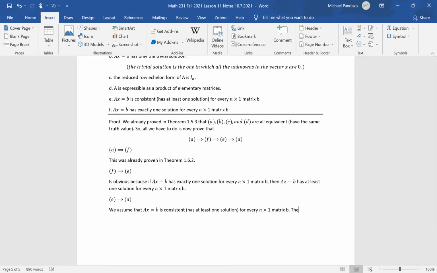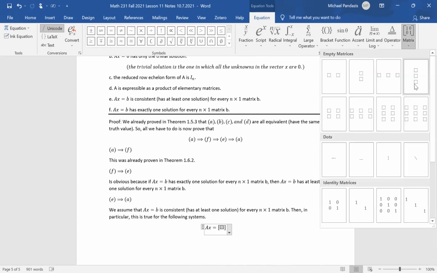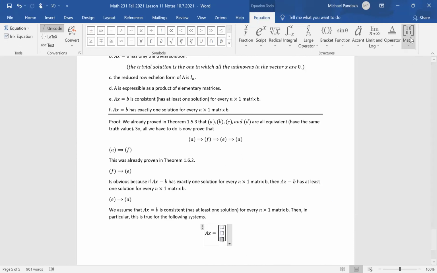Then in particular, this is true for the following systems. If it's true for every n by 1 matrix B, then let's look at a short list of n by 1 matrices B and set AX equal to them. We're assuming that all of these are going to be consistent by our assumption.